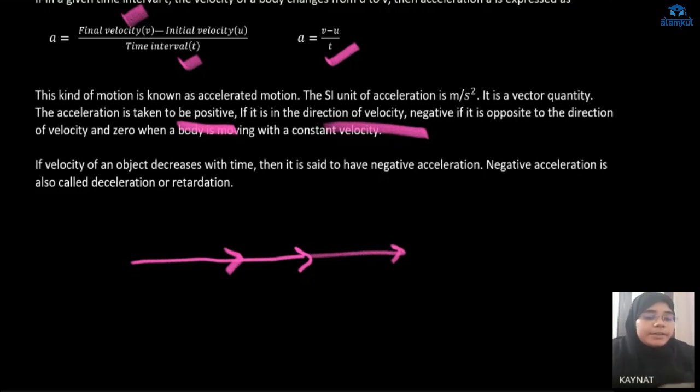But if it is in the negative direction, just like someone has applied a brake to his bike, the acceleration would be opposite to the direction of velocity. Then it will be taken as negative acceleration.